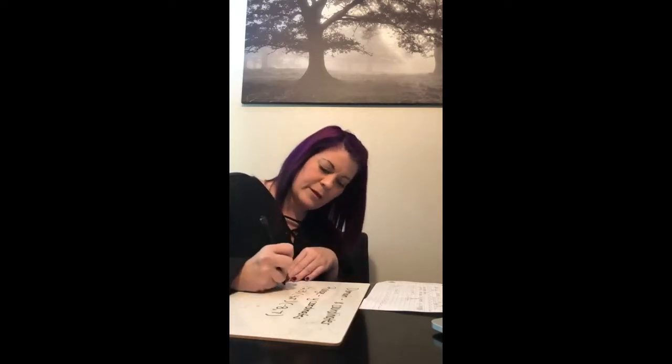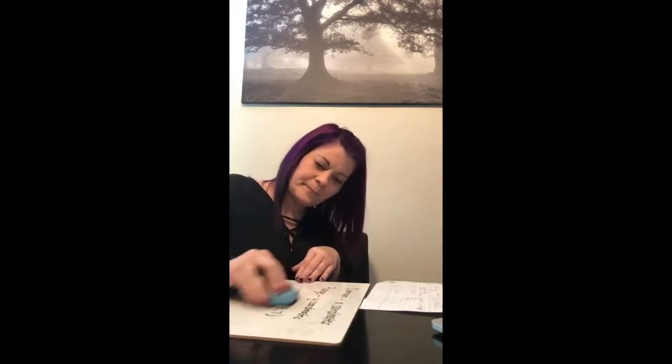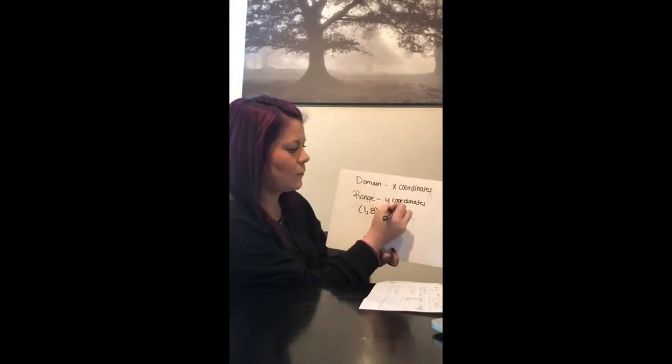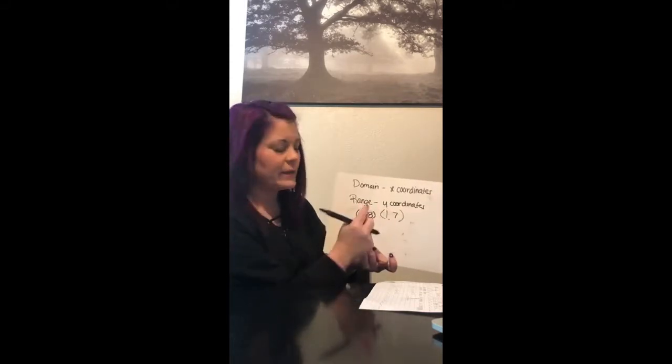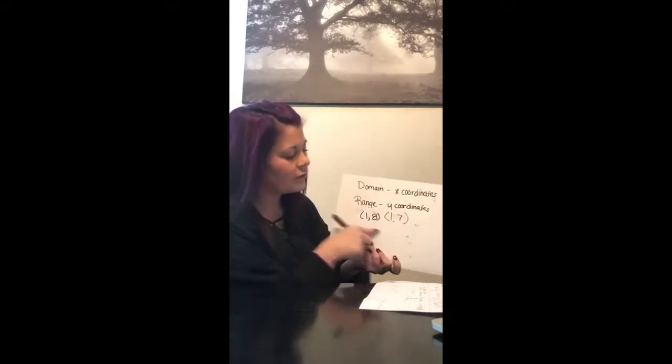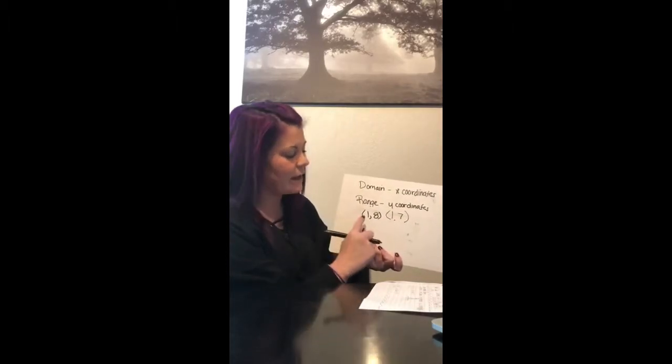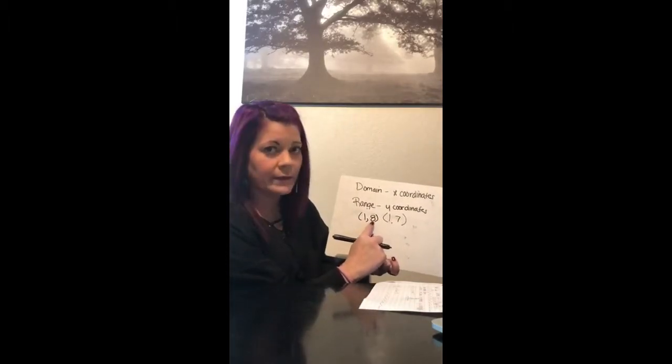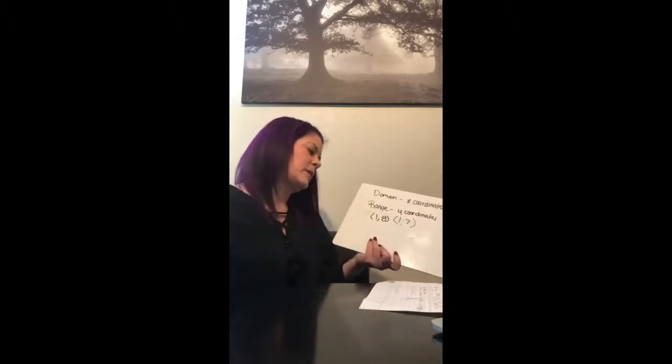Because if I input the number 1 into an equation, I should only get one number, like 8. But sometimes you'll see a coordinate point like 1, 7. That means when you plugged in 1, you can get either 8 or 7. So this would not be a function, okay? Because every input should only have one output. So if the x values repeat, then it's not a function.